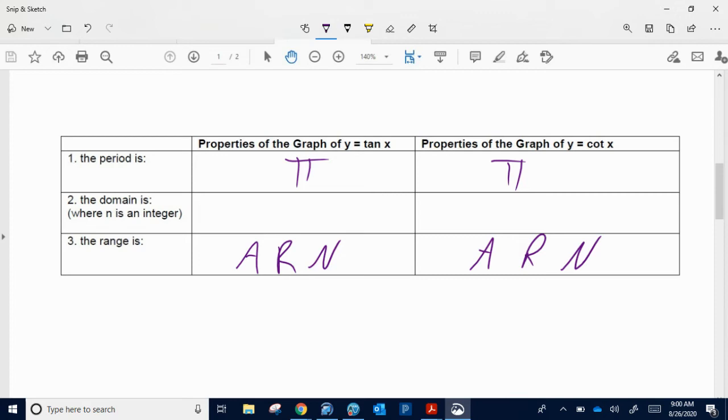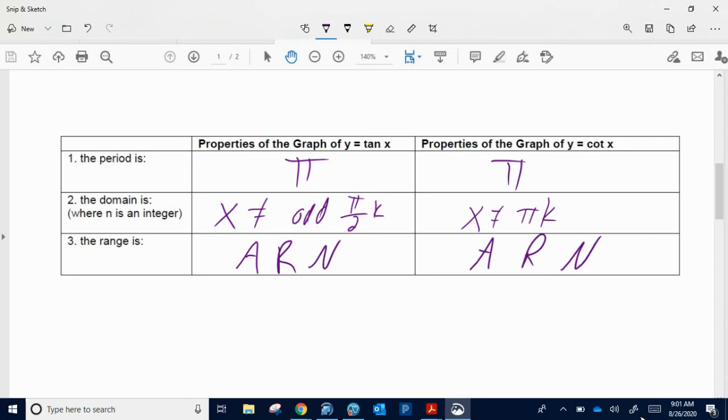Domain, there's a lot of breaks. So for a tangent curve, x does not equal every odd pi over 2 k. So that means like 1 pi over 2, 3 pi over 2, 5 pi over 2, 7 pi over 2. While on cotangent, x does not equal every pi k. So every 1 pi, 2 pi, 3 pi, 4 pi became an asymptote.